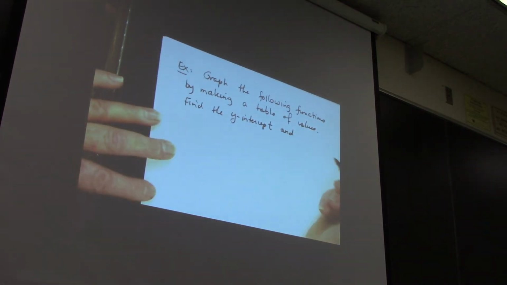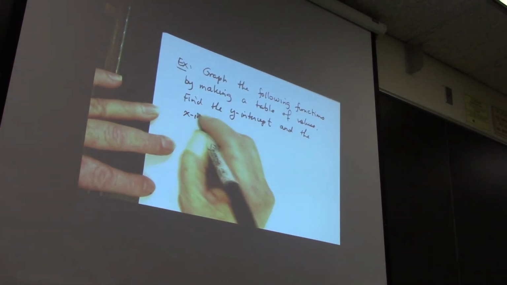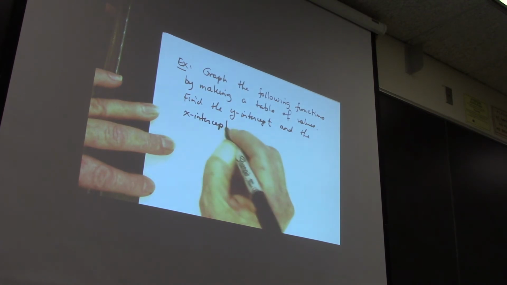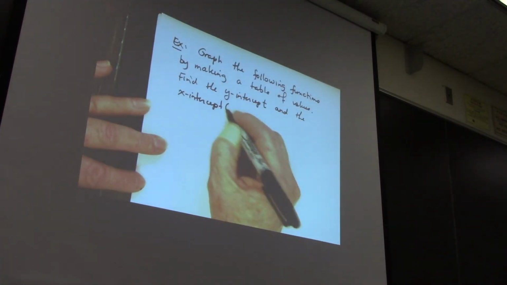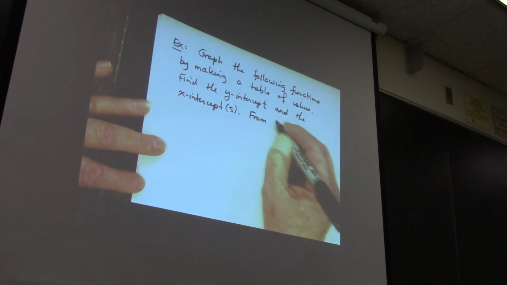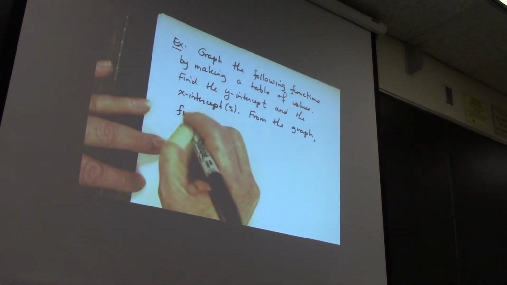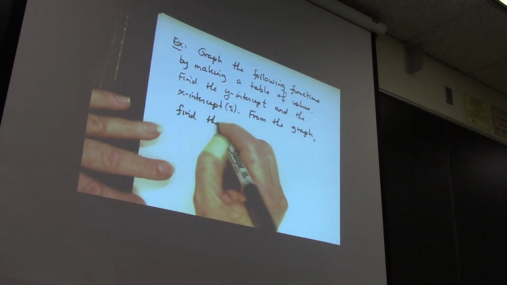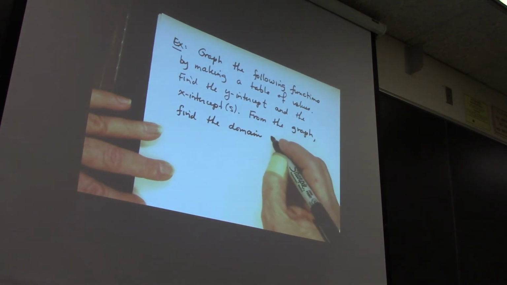And let's find the x-intercepts, not just by stumbling onto them, but by setting up an equation and solving it. And then once we have the graph, find, well, the domain and the range. We probably already had found the domain.